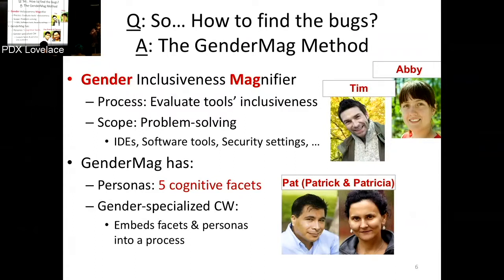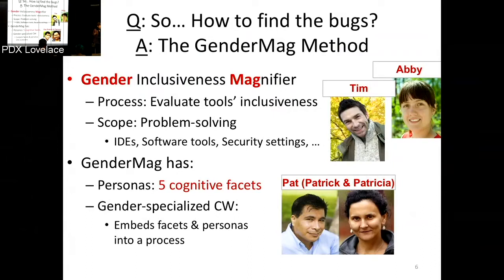And by the way, just to avoid confusing you, I'm talking about bugs that the users can see with their eyeballs. I'm not talking about under-the-hood algorithmic biases. That's a whole other story. But things that affect the workflow and the way people problem solve while they're using the software. So over the hood. Anyway, the scope is problem solving.